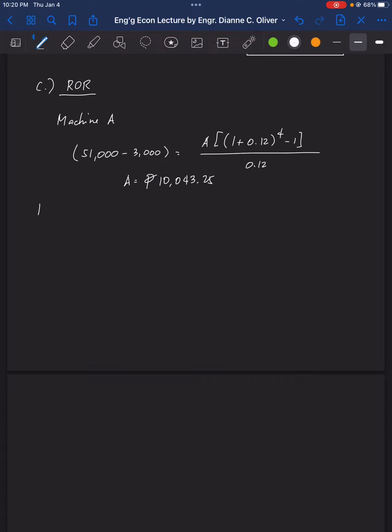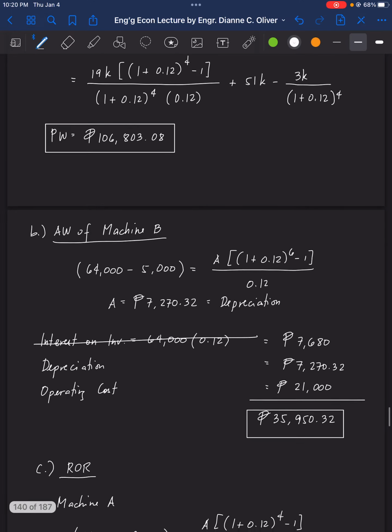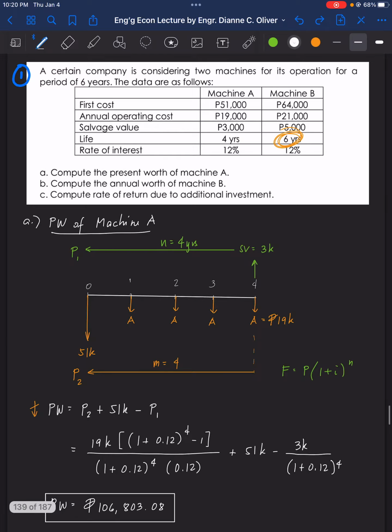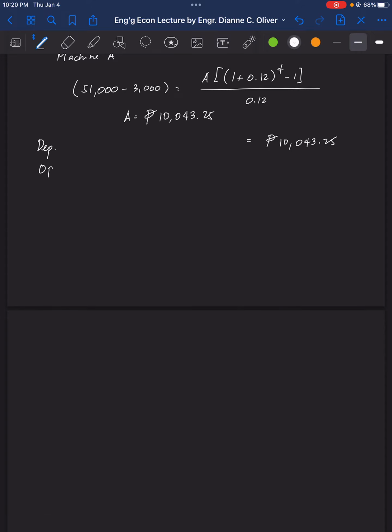So we have here depreciation 10,043.25. Next, there's no interest on investment. So operating cost. How much is the operating cost? Operating cost, that is 19,000.